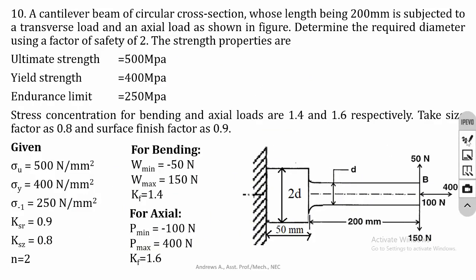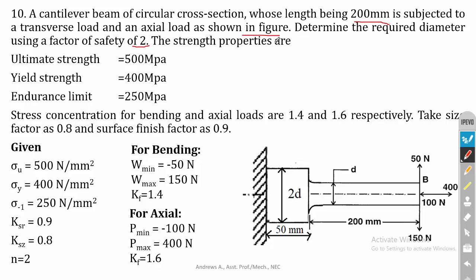So we'll start with the axial and bending combination. A cantilever beam of circular cross section whose length is 200 mm is subjected to a transverse load and an axial load as shown in the figure. Determine the required diameter using a factor of safety of 2.